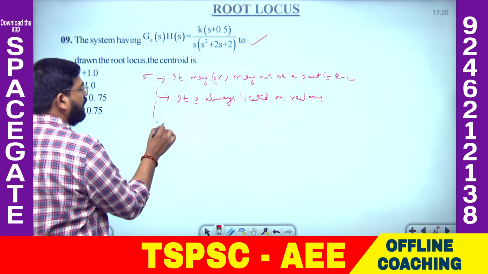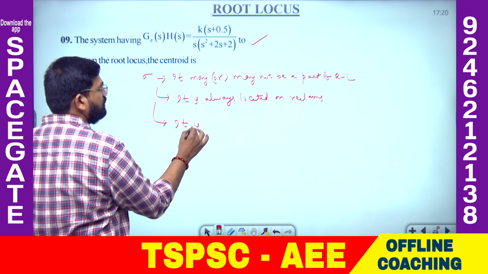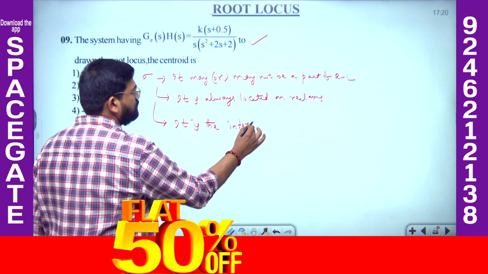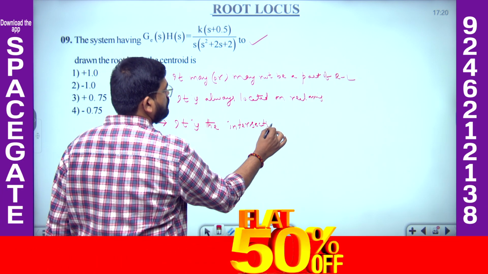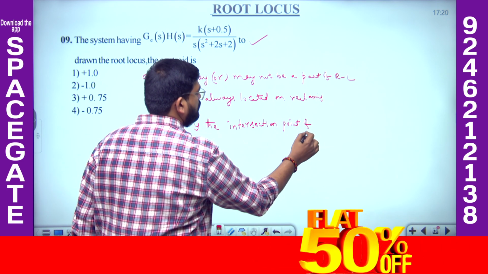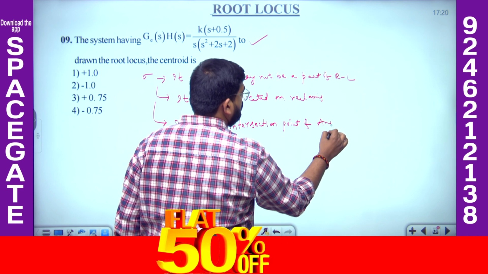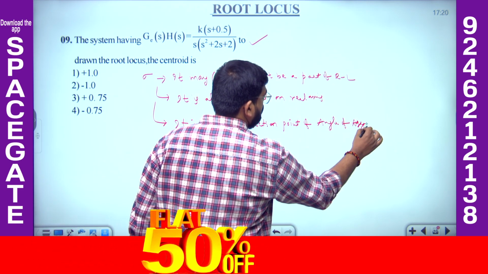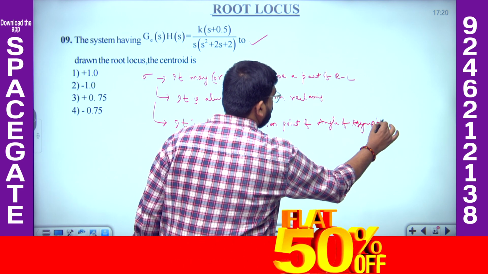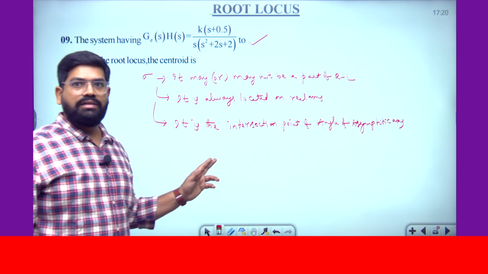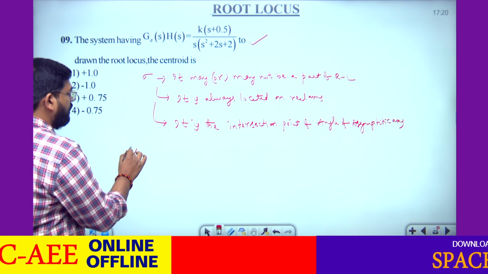Okay. And again it is the intersection point of the angle of the asymptotic axis. And how to find the centroid? Here we have a formula. What is that?